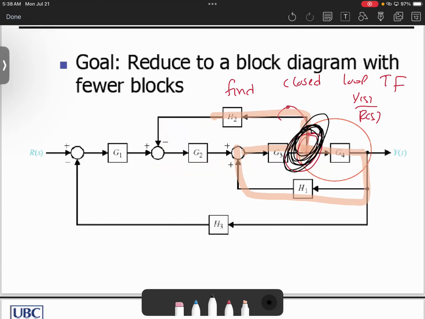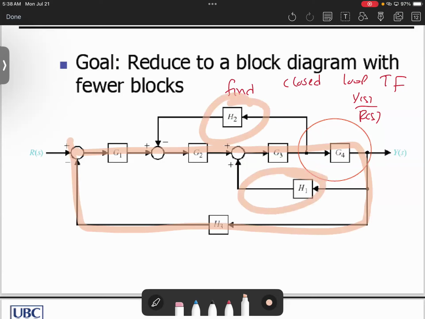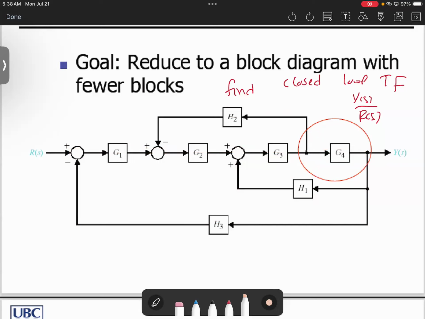If it disappears, where should I connect H2? I don't know. How about a closed loop with H3? You cannot, because there are some other branches here and here. Leave it like this? I can do nothing. No, here's the trick.